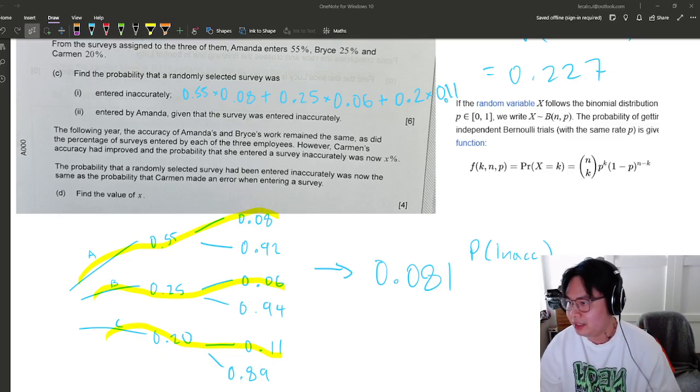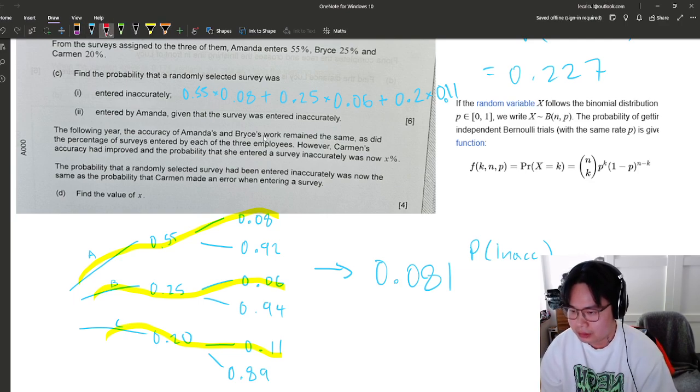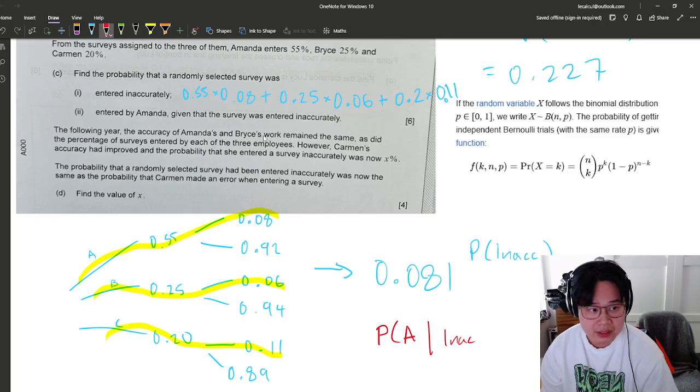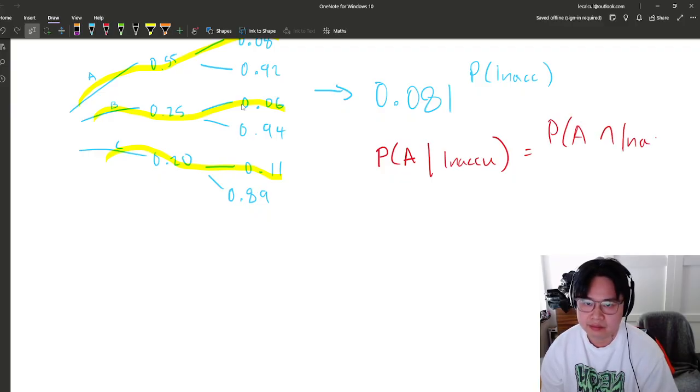Okay, entered by Amanda. Find the probability that it is entered by Amanda, given that it was entered inaccurately. So another conditional. So this is the probability that it was Amanda and inaccurate over the probability that it was inaccurate.